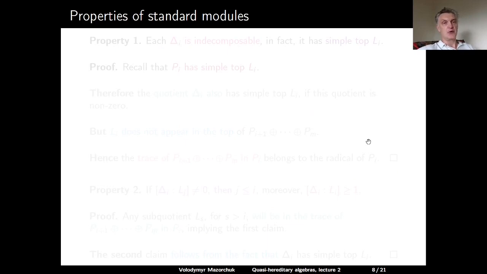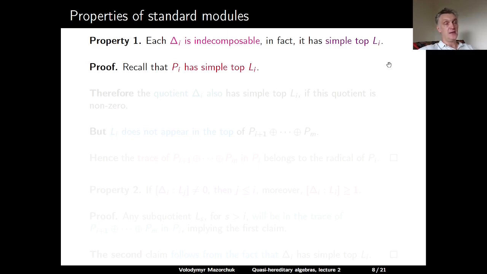Let us now discuss properties of standard modules. Property 1. Each delta I is indecomposable. In fact, it has simple top Li. Proof. Recall that the indecomposable projective cover Pi of Li has simple top Li. Therefore, the quotient delta I also has simple top Li, provided that this quotient is non-zero.